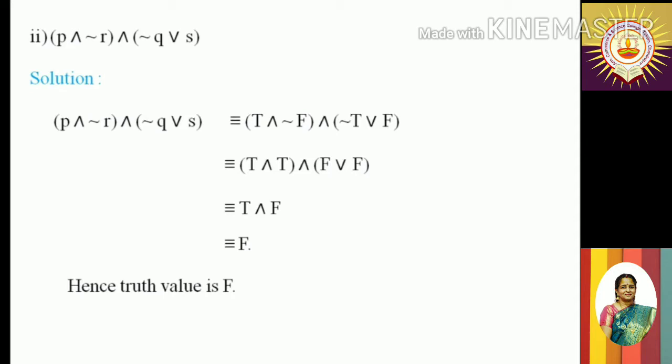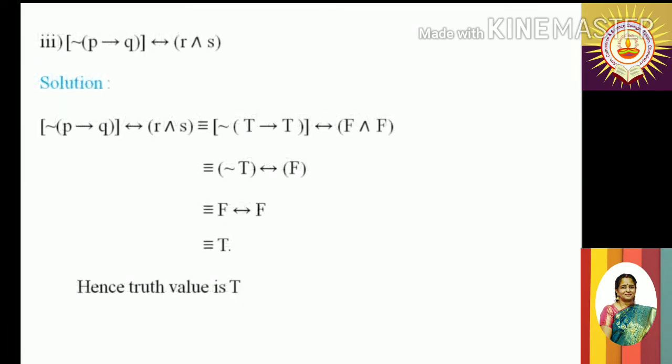Similarly, for the third example, which contains biconditional, the statement is negation P conditional Q, biconditional R and S. Here also 4 statements are there P, Q and R, S. So write whenever there is P, Q as T, R, S as F. Learn the truth values from the table and get the answer.